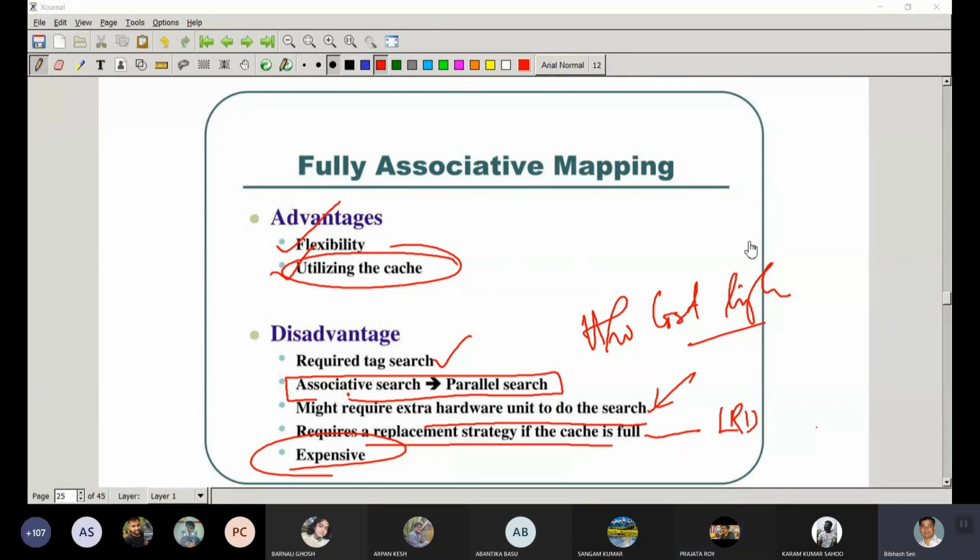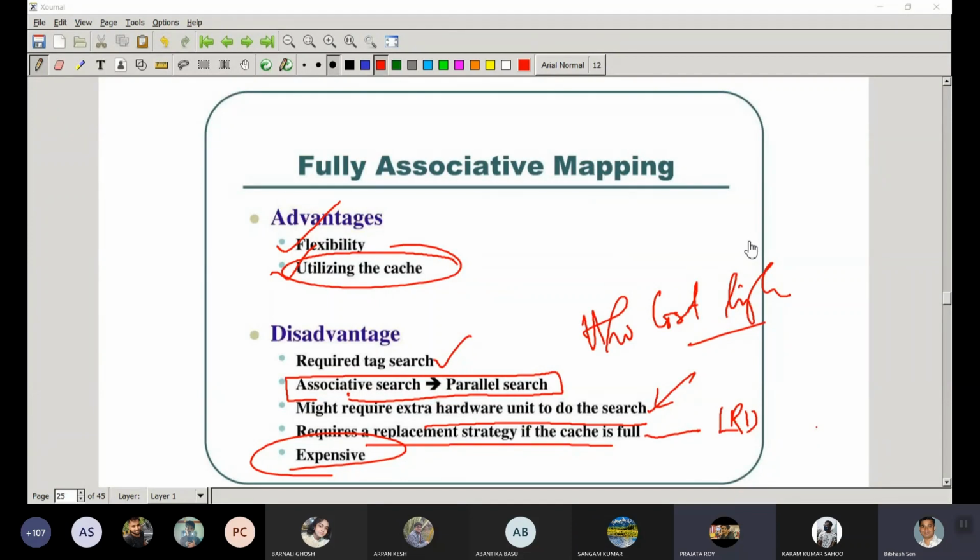Replacement policy, everything is required. So what should be the trade-off so that we can get the benefit of both? Can you think of that? So, direct mapping for large bulks of data, and associative mapping for small amounts.